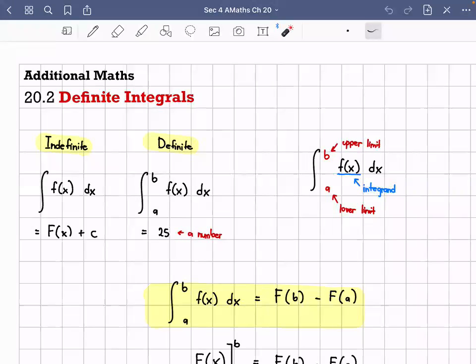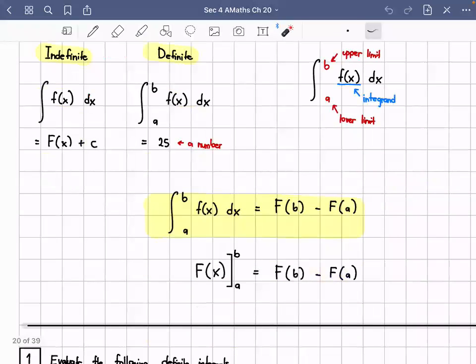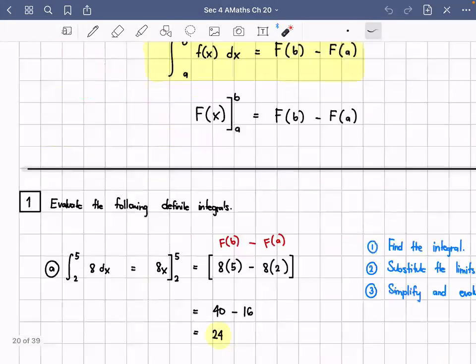Now with definite integrals, we have this thing called limits. When you get the antiderivative of a function from a to b, you just subtract the integral at b minus the integral at a.